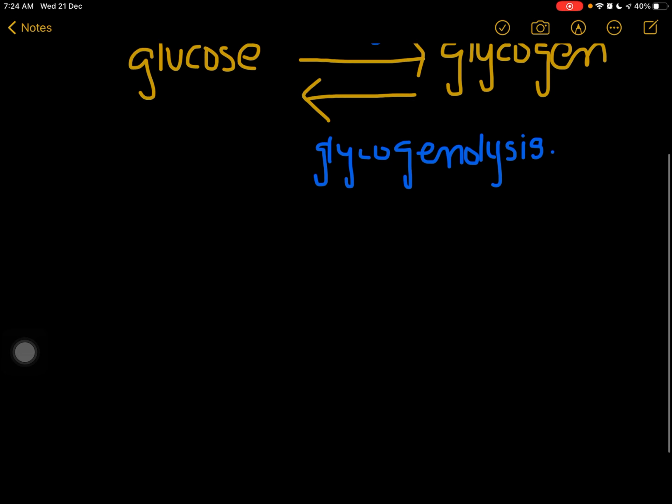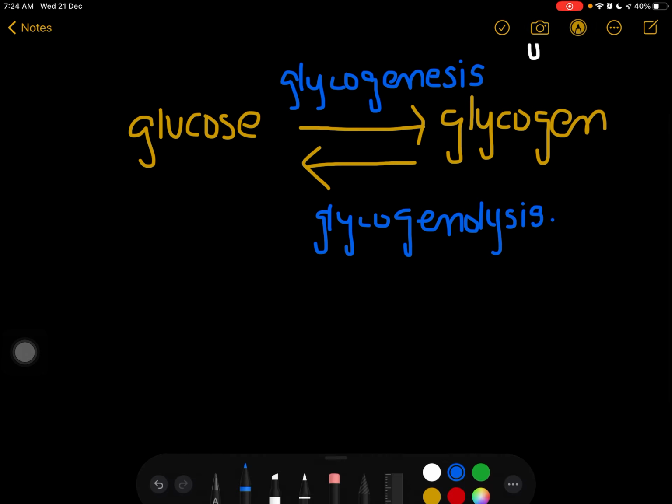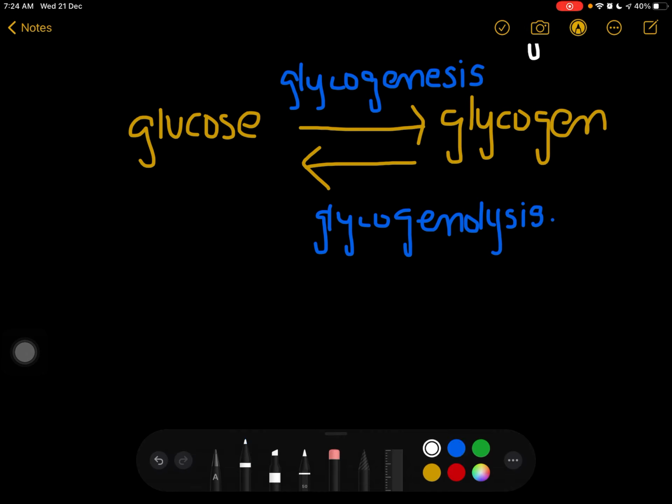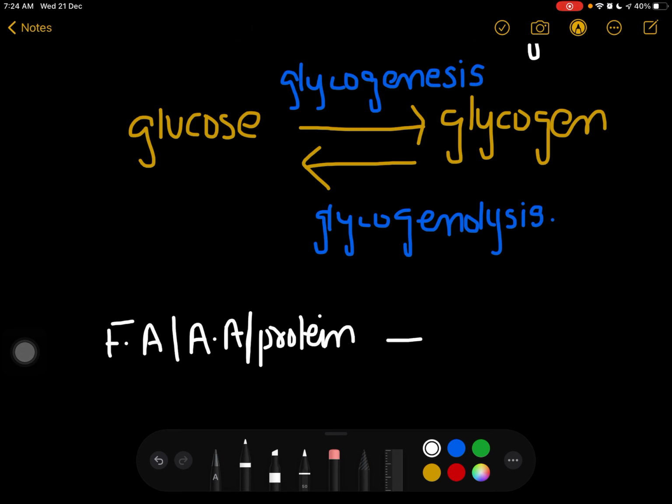Now second, if for example we need instant energy, fatty acids, amino acids, or even proteins break down into glucose, that process is known as gluconeogenesis.